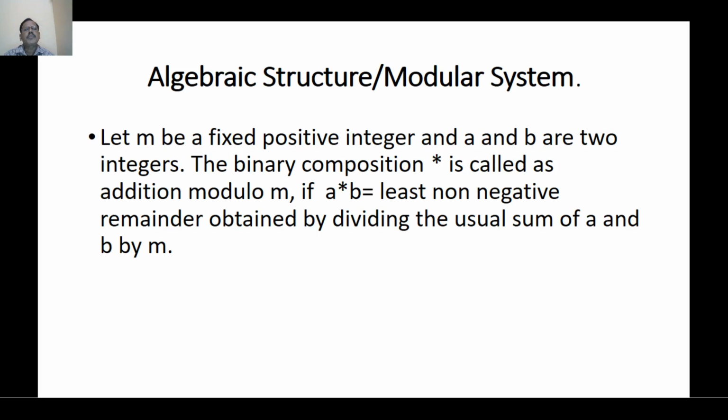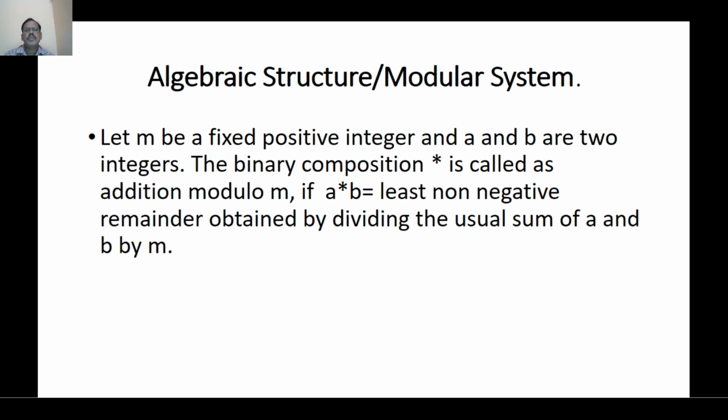Let m be a fixed positive integer and a and b are two integers. The binary operation star is called addition modulo m if a star b is equal to the least non-negative remainder obtained by dividing the usual sum of a and b by m.